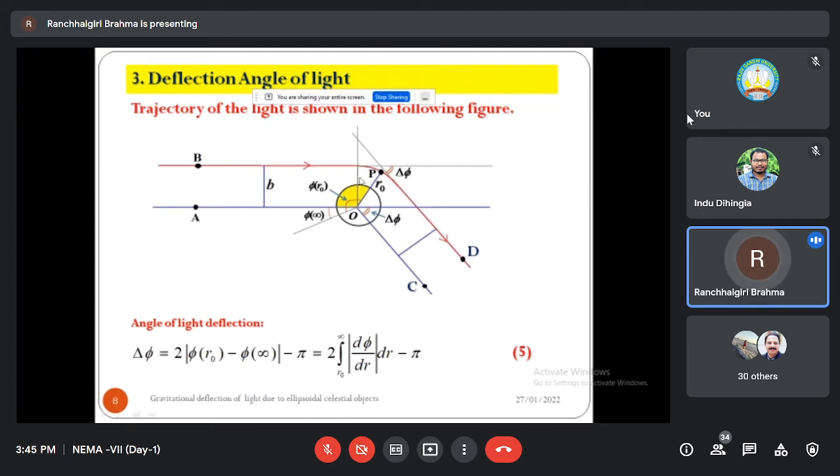When there is no object, light travels in a straight line, but when there is a gravitating object, due to gravitation it deviates from the straight line. The amount of this deviation is defined as the angle of deflection of light, and it is represented by equation 5 mathematically.